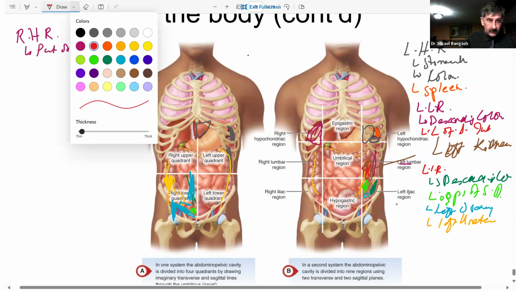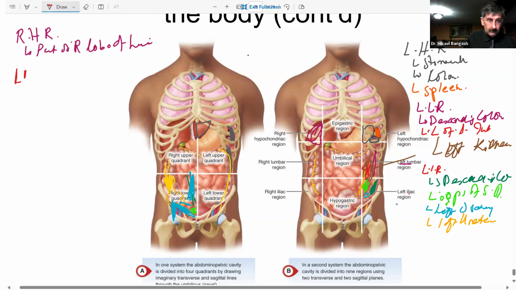Right lumbar region. Now what we'll find here is the ascending colon.